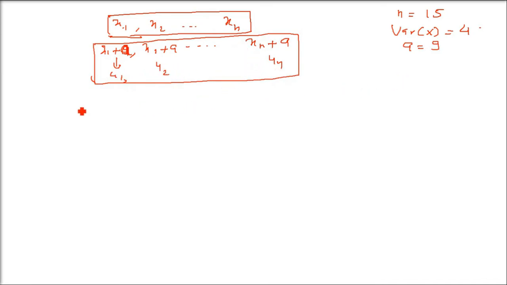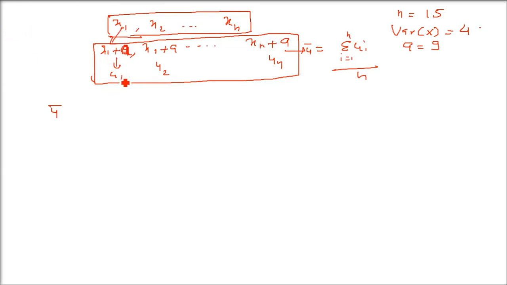Now, u bar, what is the u bar? That is the mean of the second list. It will be sigma ui, i equals 1 to n, by n. So this will be your u bar. Similarly, x bar will be sigma xi by n.